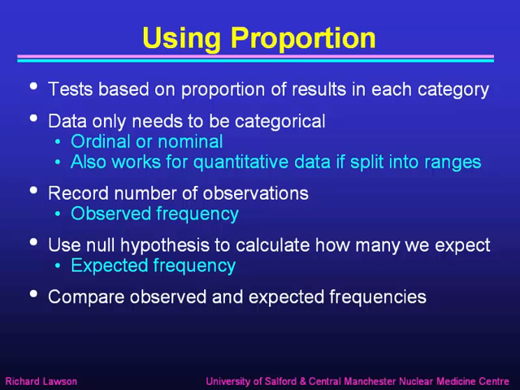All you have to do is to record the number of observations, that is the observed frequency in each category, and then we use the null hypothesis to calculate how many we expect, the expected frequency in that category. And then we have ways of comparing the observed and the expected frequencies to see whether they're significantly different.